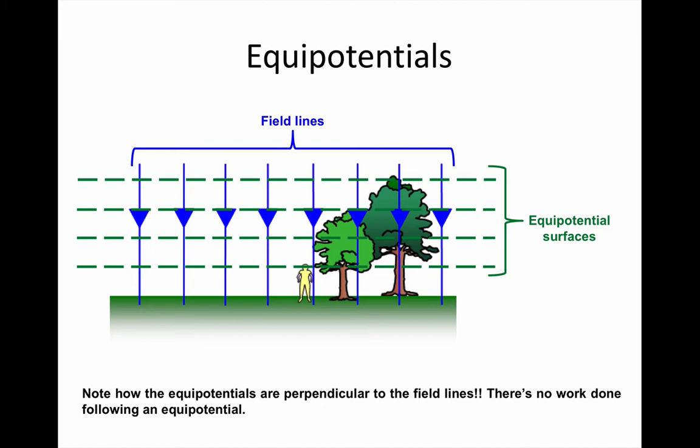If you were going down in potential, work would be done on you, maybe too much, giving you too much speed, unless you apply the brakes. If you've ever looked at maps, the contour lines are equipotentials because they join points of equal altitude. Now you can see here that the equipotentials are at right angles to the field lines. This will always be true, even if it isn't a uniform field.